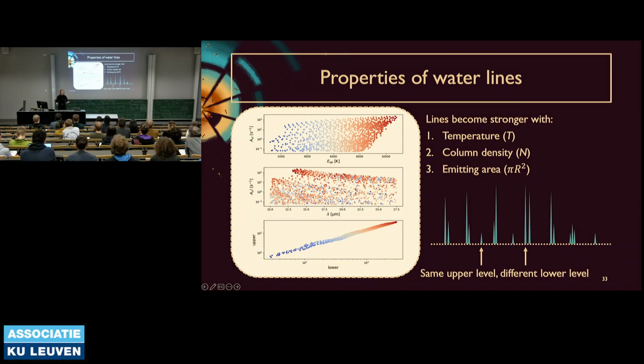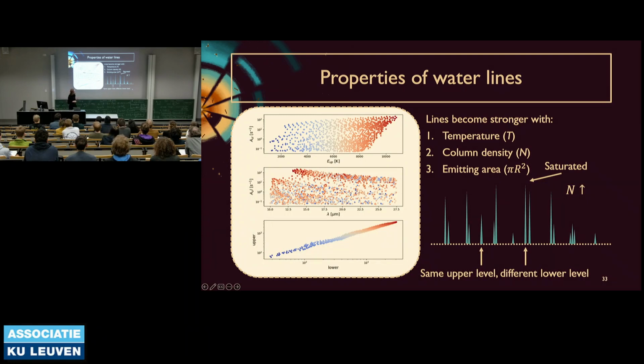As your column density increases in a specific region, because they have the same upper level, they're expected to be emitting from the same region because they're excited the same way, then you would expect the line with the lower level to still increase, but the other one is saturated. So it can no longer go higher, so that one stays constant. So if you know the ratio between these two lines, you can trace how much water is in a certain region, if that makes sense.